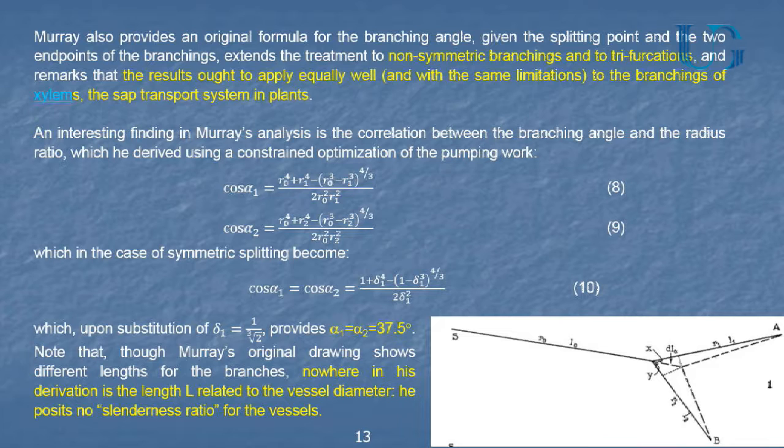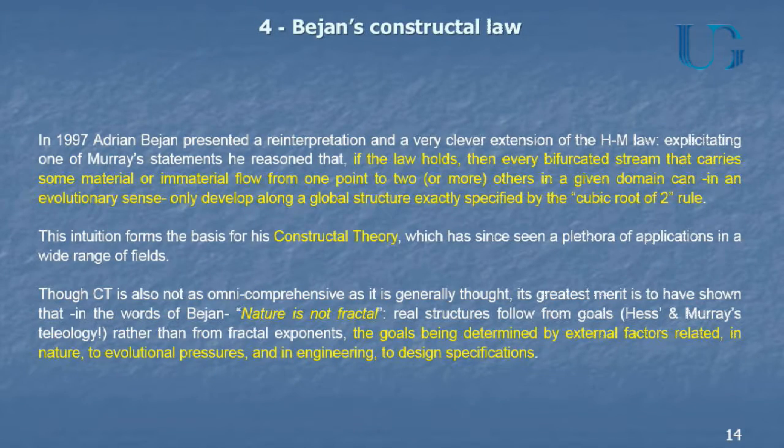Next, please. Thank you. In 1997, Eddy and Bejan, who is a thermodynamicist, rediscovered the Hess-Murray law and formulated a theory in this way. Assume as a hypothesis, a fundamental hypothesis, that the Hess-Murray law applies. Okay? I'm not going to discuss whether it's good or not, it applies.